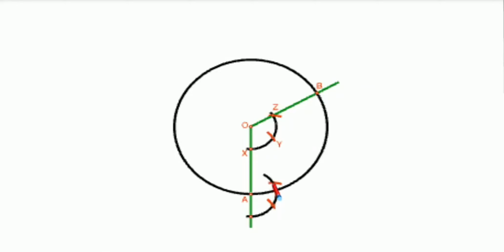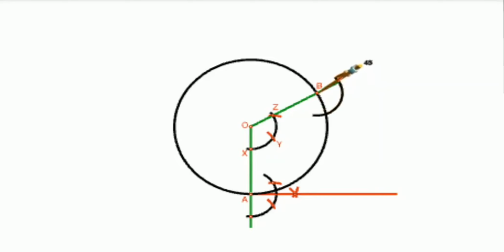Now we'll take more than half the distance between these two red color arcs and draw one arc here. From another red color arc, cut the previous arc and make the intersection point of both the arcs. And join that point and A, that means we are drawing the tangent to the circle.